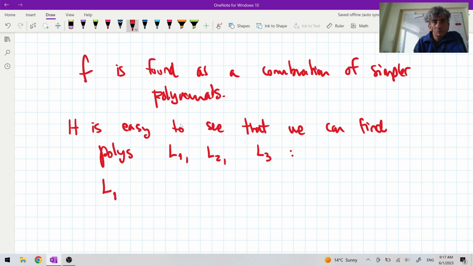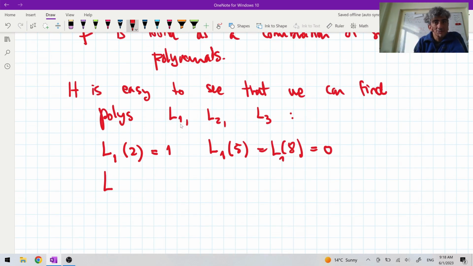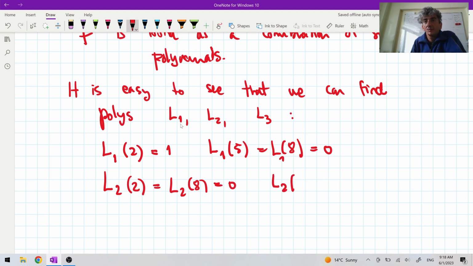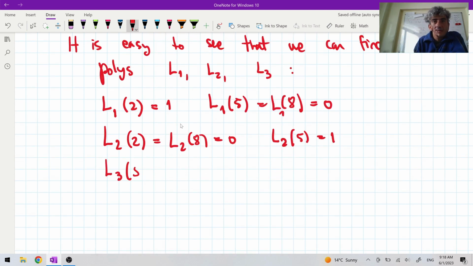L1 evaluated at 2 will be 1, and at 5 and 8 will be 0, by the same procedure. We'll have L2 will have roots 2 and 8, and at 5 it will take the value 1, and L3 at 8 will take the value 1, and we'll have roots at 2 and 5.